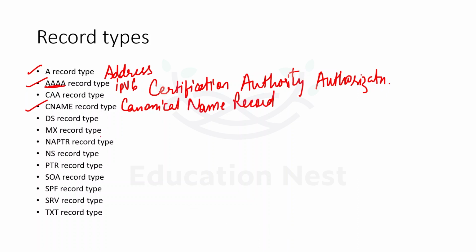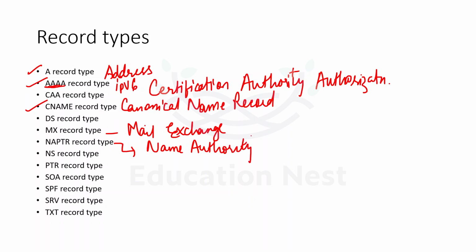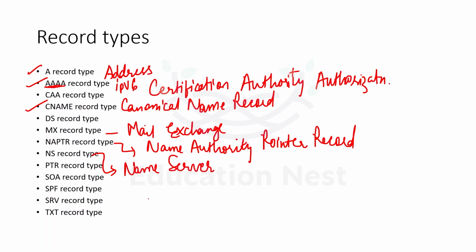We have MX. MX is for mail exchange. Then we have NAPTR. This is for name authority pointer record. We have NS for name server. We have PTR. PTR is for pointer record.